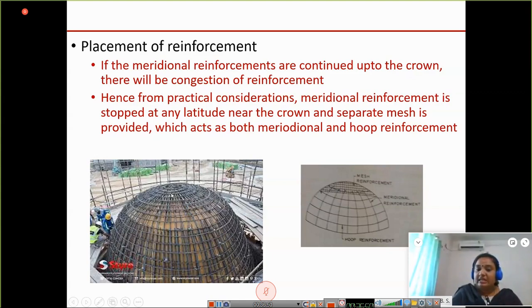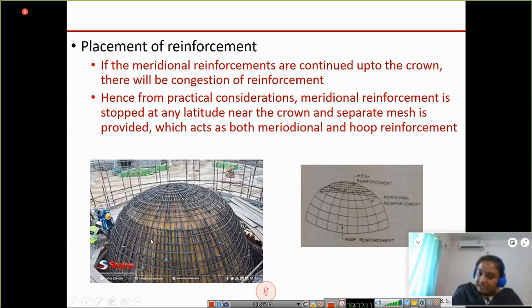So that is the reinforcement details. I said we need to take care of the meridional stress. So the reinforcement like this is the meridional reinforcement. Then the horizontal reinforcement takes care of the horizontal stress.